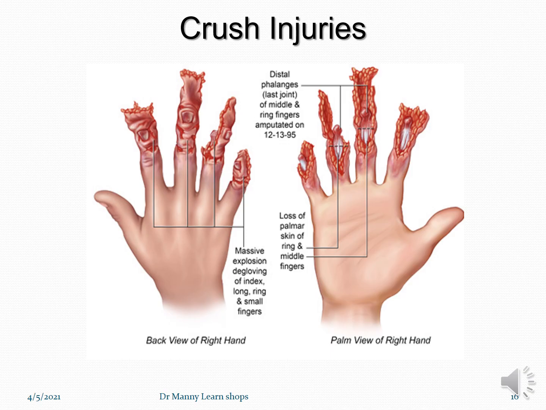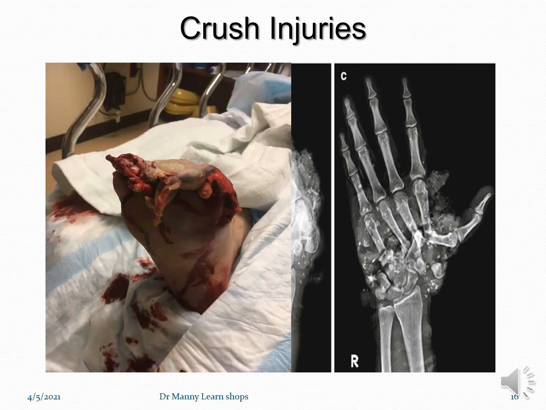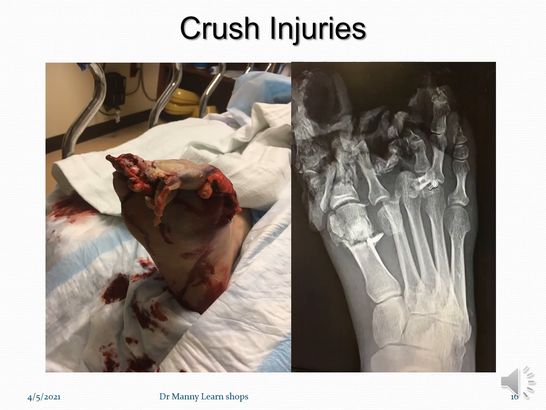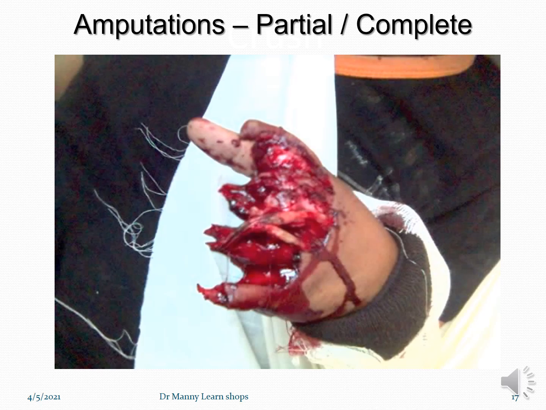This could be superficial or it could be deep. Minor or major. Then you've got amputations, which can be partial or complete. I'll let you use your imagination to decide whether this is complete or partial.